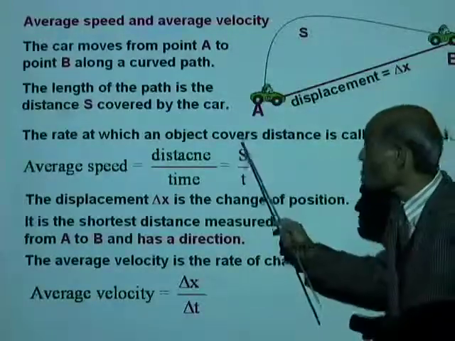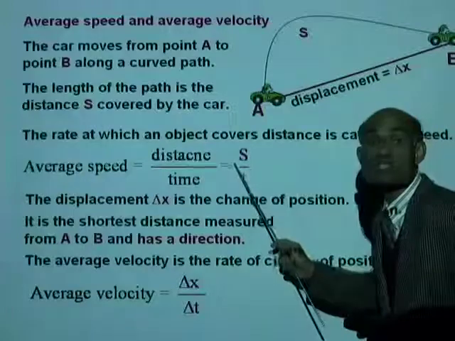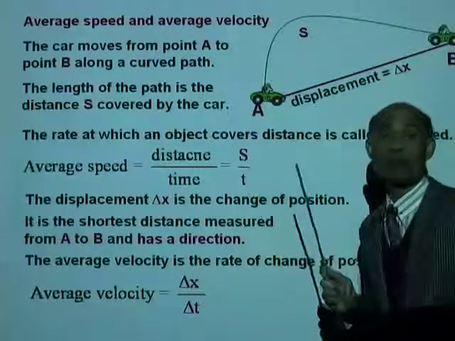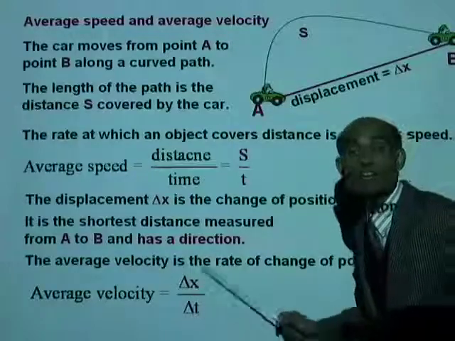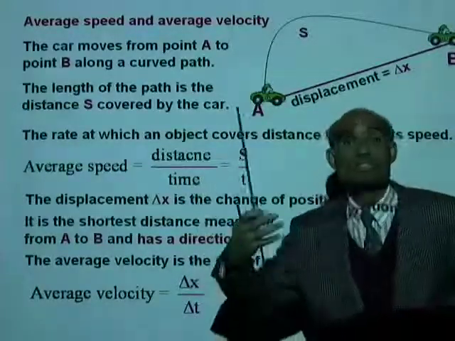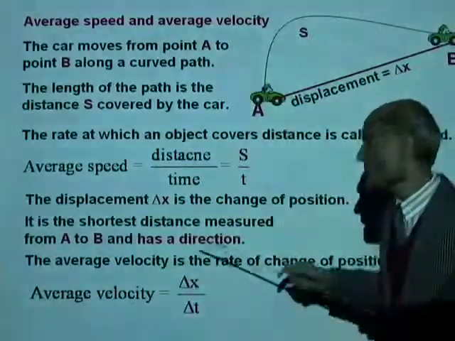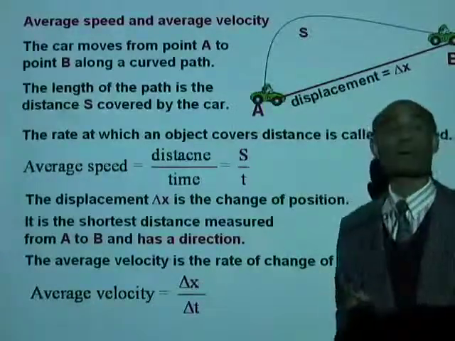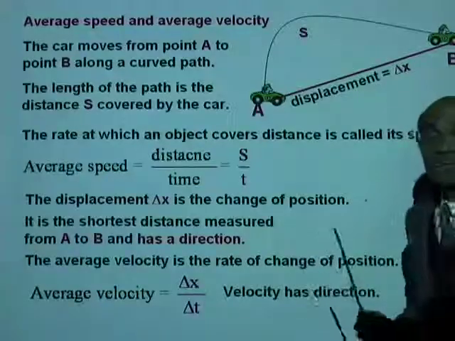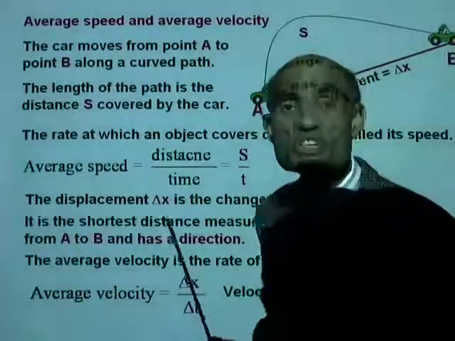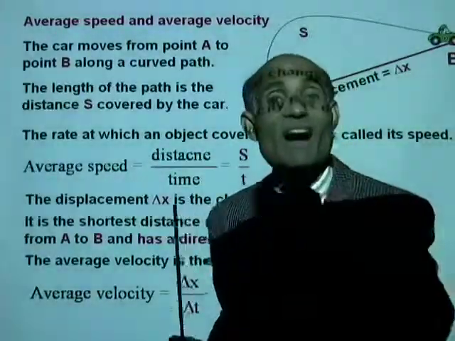Whereas the average speed is the distance covered divided by time. The average velocity is the rate at which the displacement is being done, delta x divided by delta t. Velocity has a direction. So what is the distinction between speed and velocity?